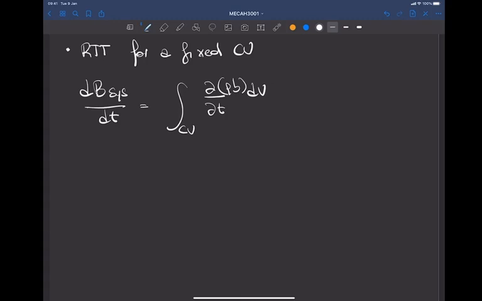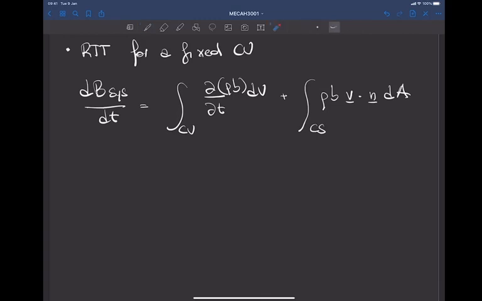Of course, here I'm using the partial derivative because b and rho might not only be dependent on time. Plus the integral on the control surface of rho b v scalar n dA. So I am actually using the two expressions that we derived before, and we have the Reynolds transport theorem for a fixed control volume.